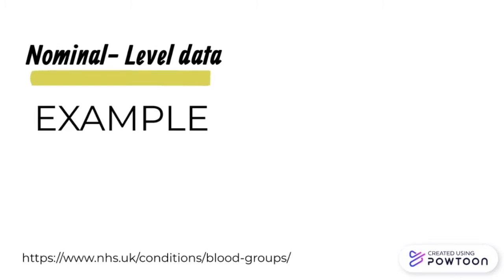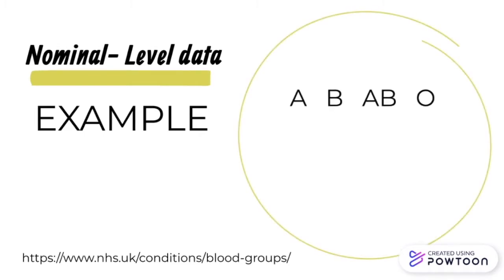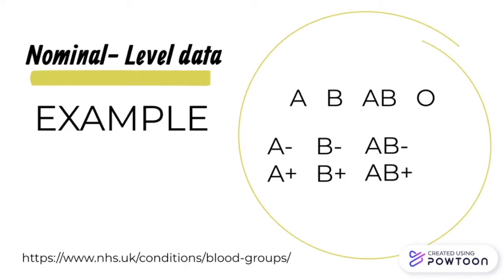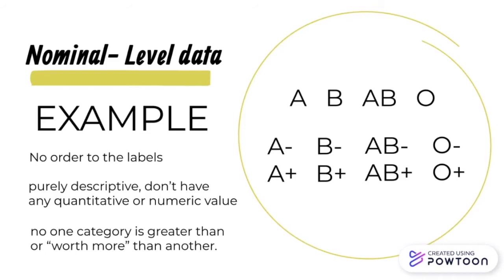There are four main blood groups, or types of blood: A, B, AB, and O. Each group can be either RhD positive or RhD negative, which means in total there are 8 blood groups: A minus, A plus, B minus, B plus, O minus, O plus, AB plus, and AB minus. And that's a simple example of nominal level data.